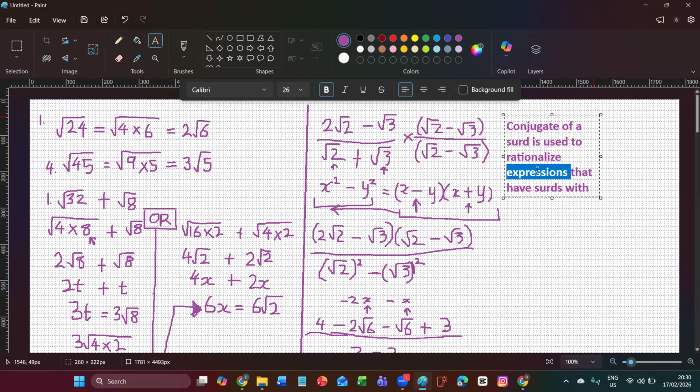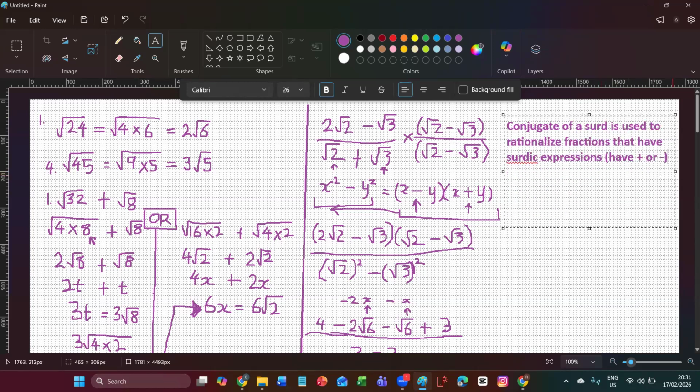Let me call it what it is: fractions that have roots in the expression, and in that expression, there is a plus or minus. And the conjugate is usually the same thing but opposite.